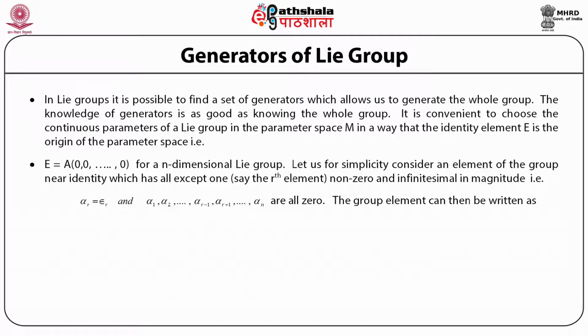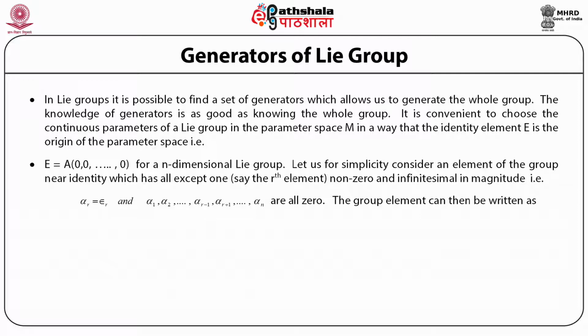We have n parameters, alpha 1, alpha 2, ..., alpha n. All the parameters are 0 except the parameter alpha r, which is infinitesimally small, and we write that as epsilon r. Then the group element is given by A(0, ..., 0, epsilon r, 0, ..., 0), with all the parameters 0 except the rth parameter, which is epsilon r.